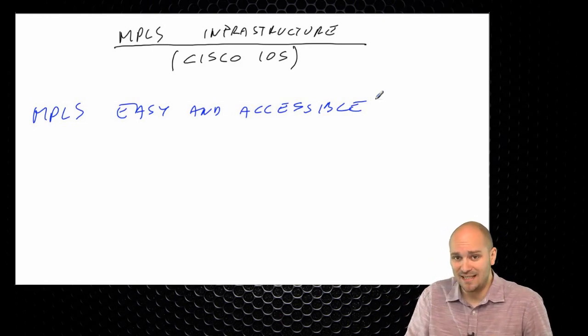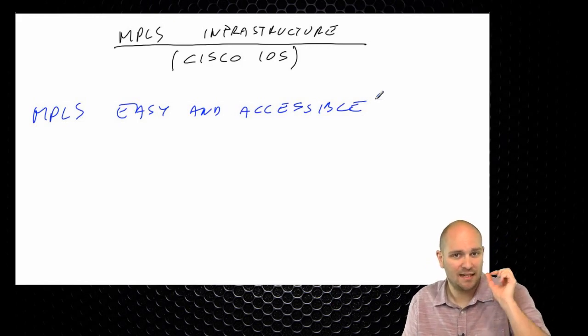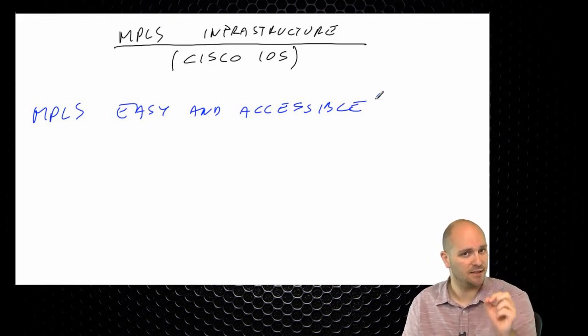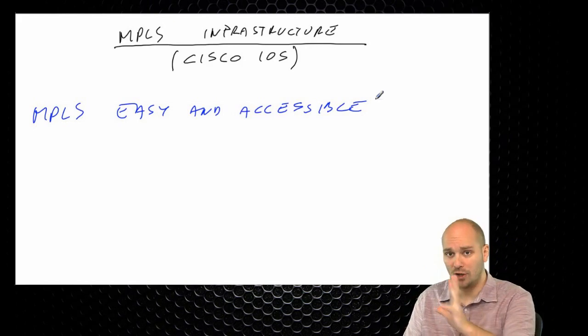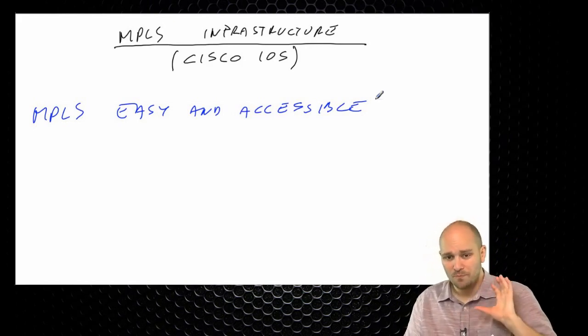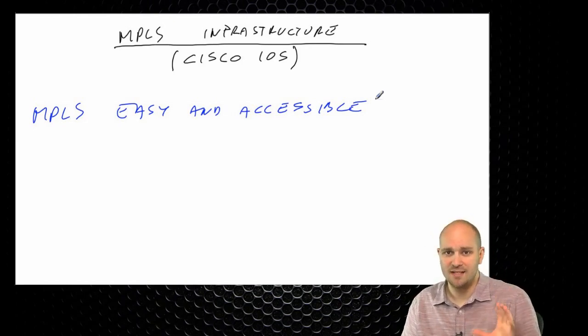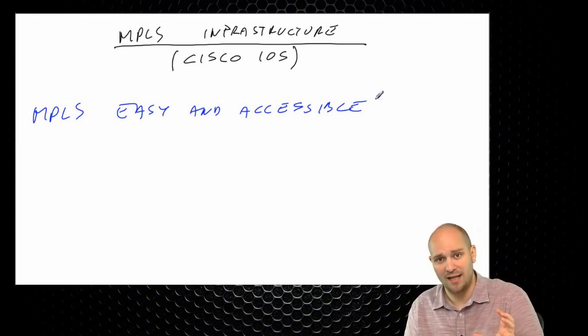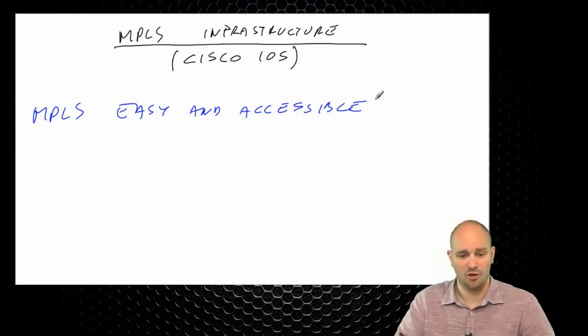So MPLS itself is not that complex. It's the MPLS applications that add the complexity there. We're going to talk about MPLS applications later on, but right now I want you to have this in mind: Cisco with Cisco IOS is trying to make MPLS rather easy.